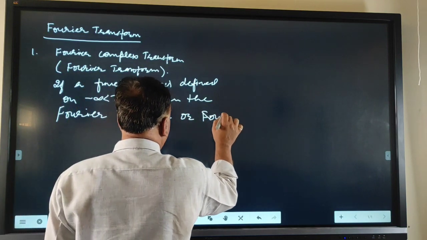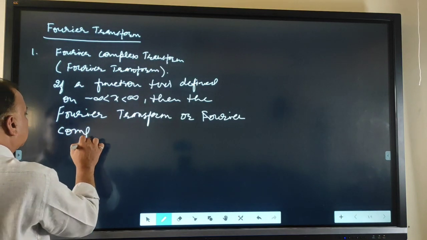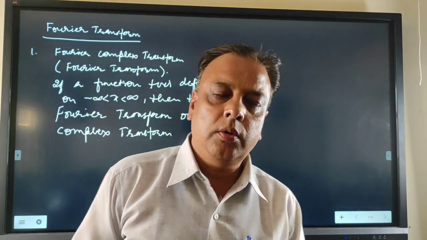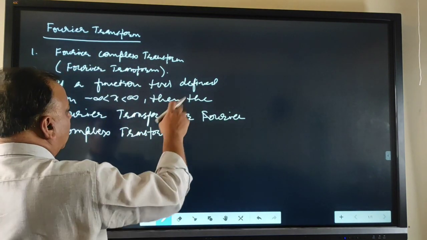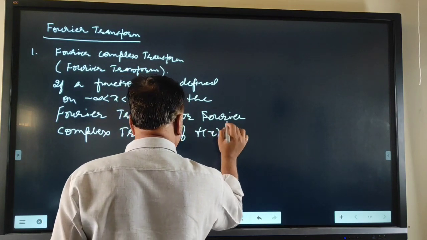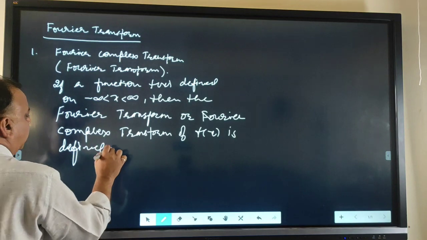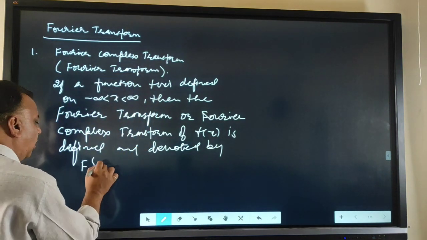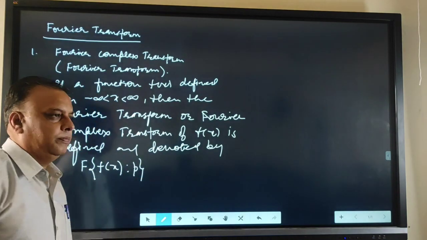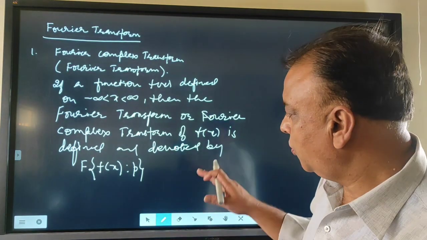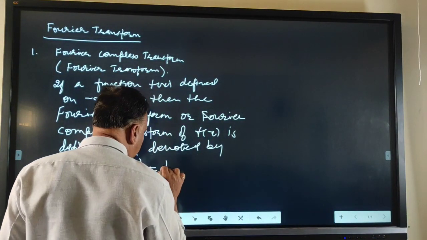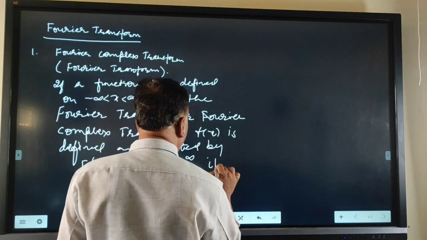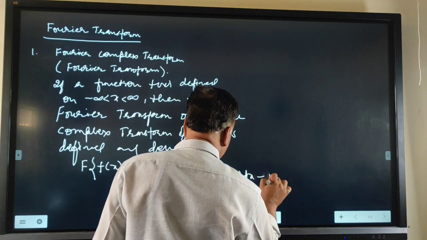or Fourier complex transform of f(x) is defined and denoted by the Fourier transformation of the function f(x) with respect to the parameter p, and it is defined as 1 upon root 2 pi, integral from minus infinity to plus infinity, e raised to iota px f(x) dx.